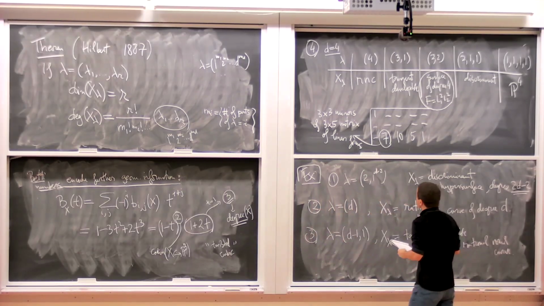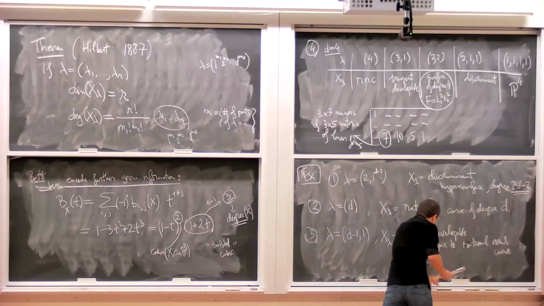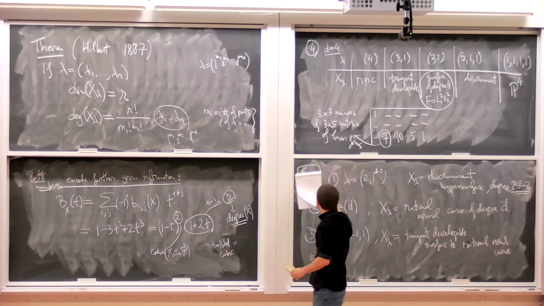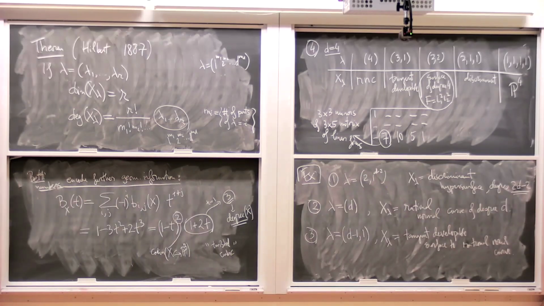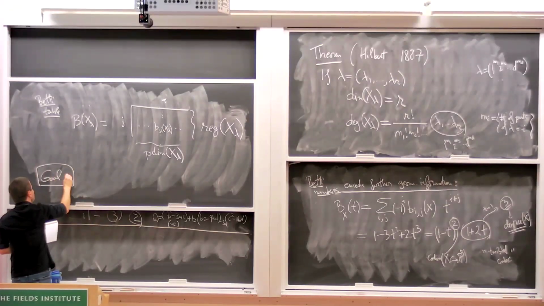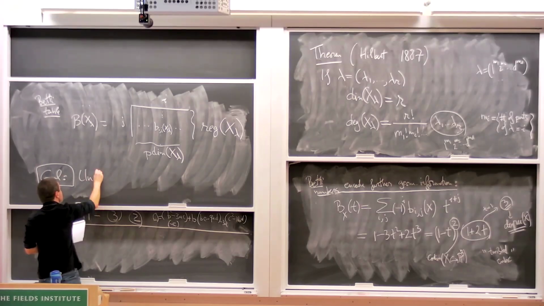Okay. So the goal for our group is, actually, we're not going to try to do the arbitrary lambda, but really the goal will be to understand the surface case.